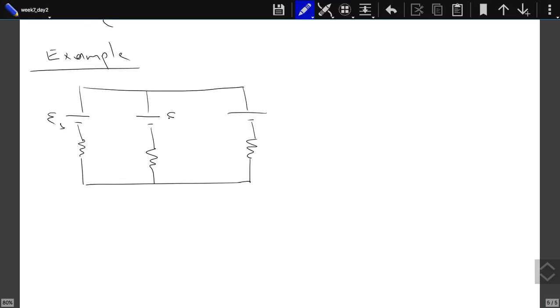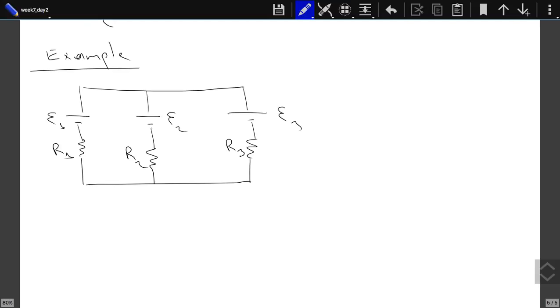Epsilon 1, epsilon 2, epsilon 3, R1, R2, and R3. Which way will the current go? In which wire? If epsilon 3 is strong enough, that its EMF is large enough, we know that the current in this wire will be in this direction from right to left.